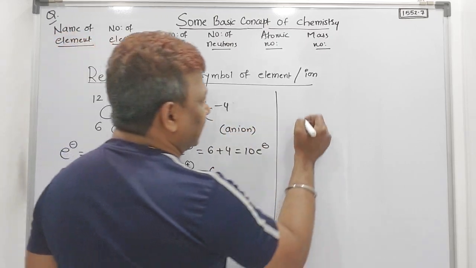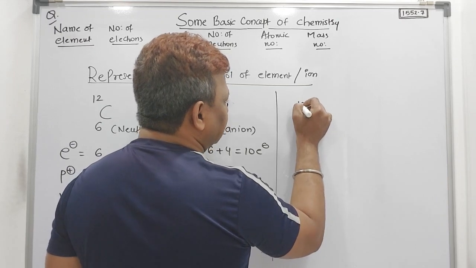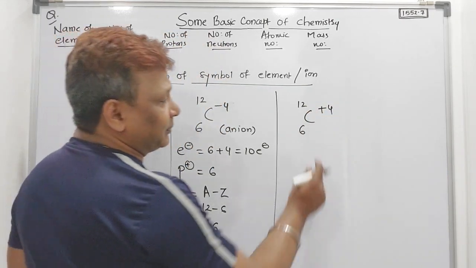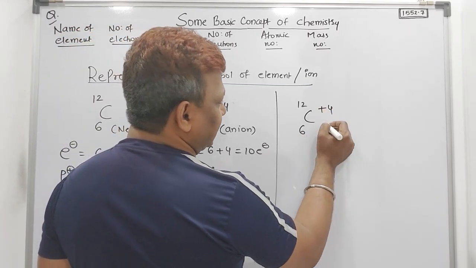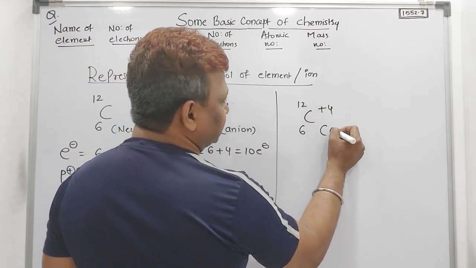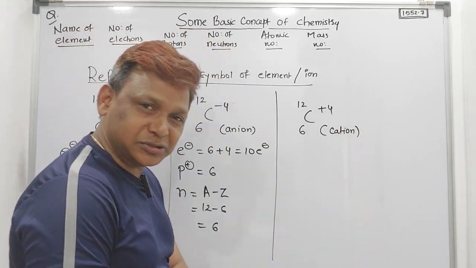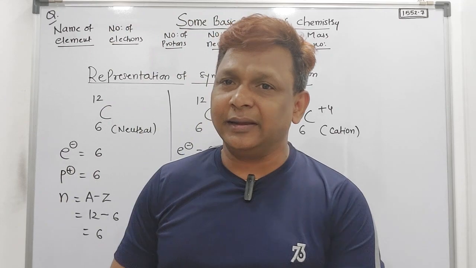Let us consider, though it is not actually possible, but I am explaining it to you, that it loses 4 electrons. By losing 4 electrons it gets a positive charge, and an atom bearing a positive charge is called a cation.